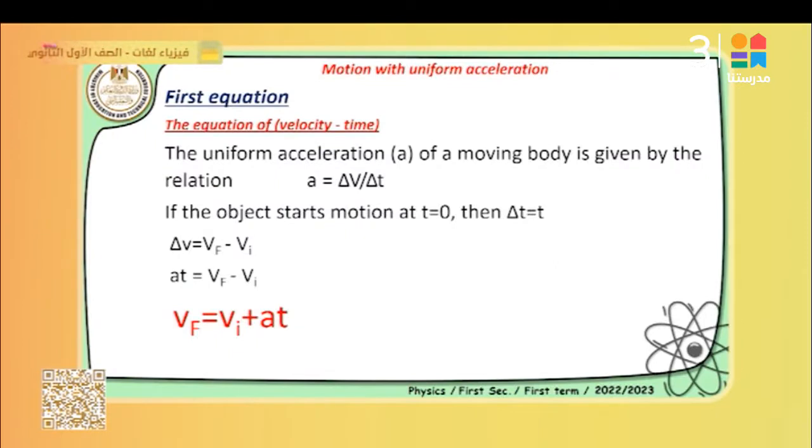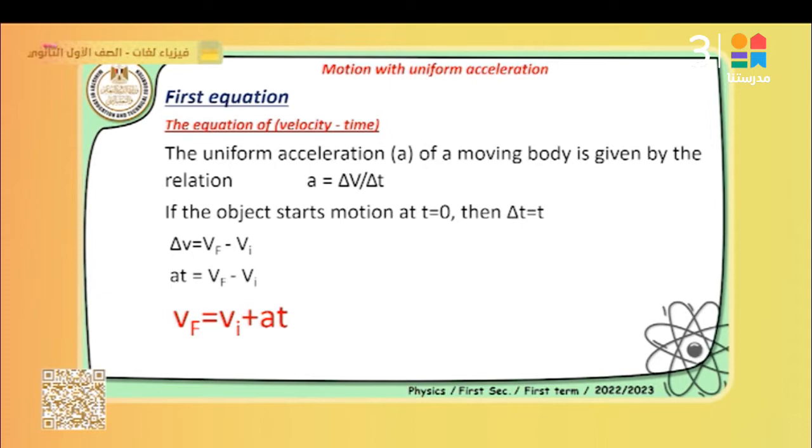The first equation, which is called the equation of velocity time, which relates the change of the velocity of the object during the period of time that it moves in. As we said, a uniform acceleration, which is denoted by A, which is equal to the rate of change of velocity. Rate of change, which means change in velocity over time, equal delta V over delta T.